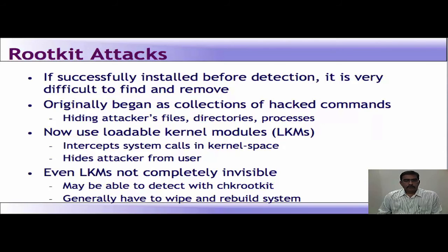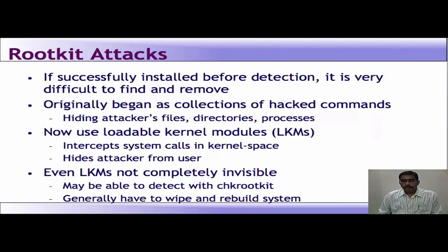Now, rootkits begin as a collection of hacked replacements for some common Unix commands, like ls, that behave like the legitimate command that they replaced, except for hiding an attacker's files, directories or processes.